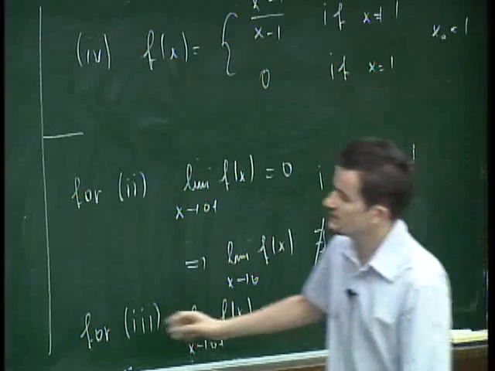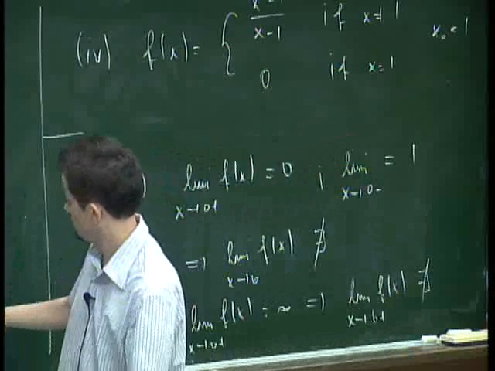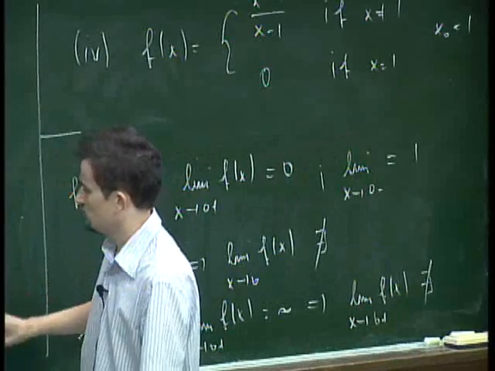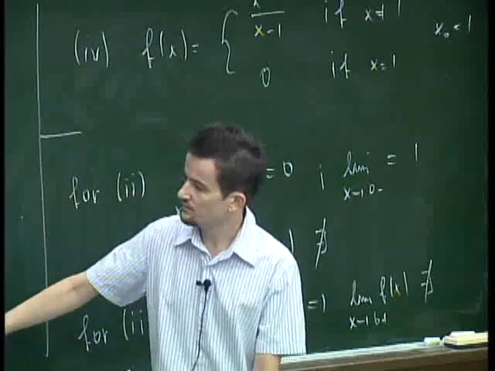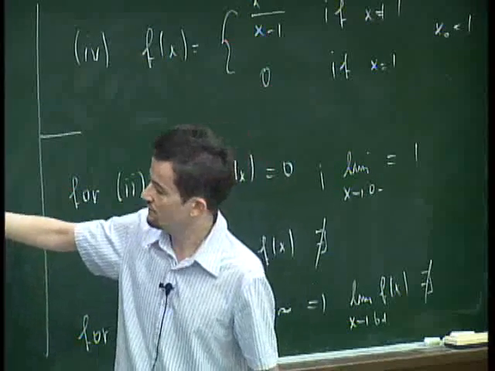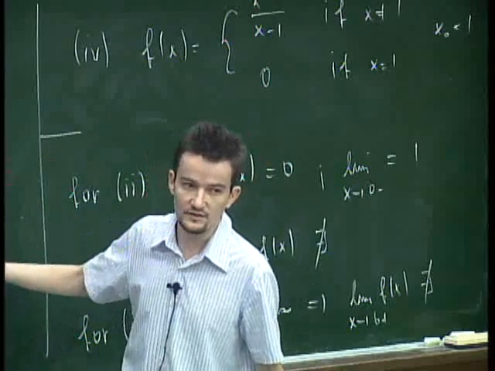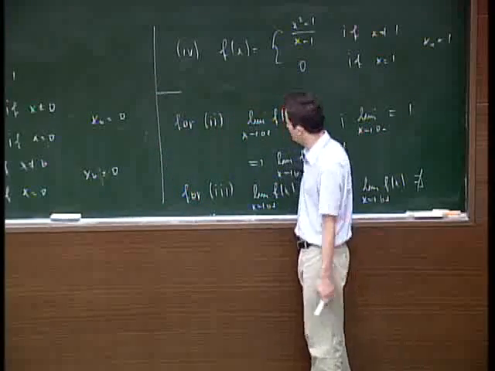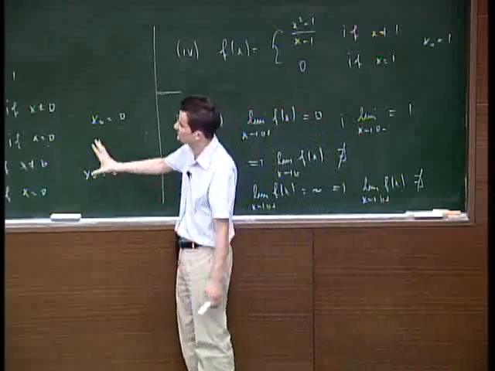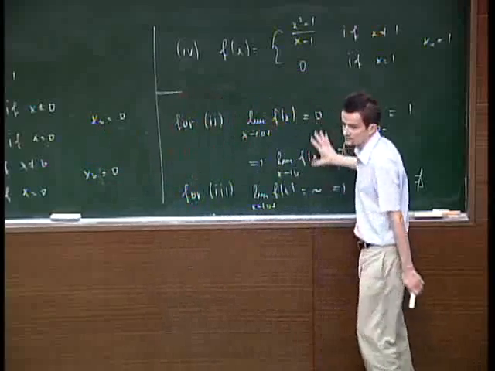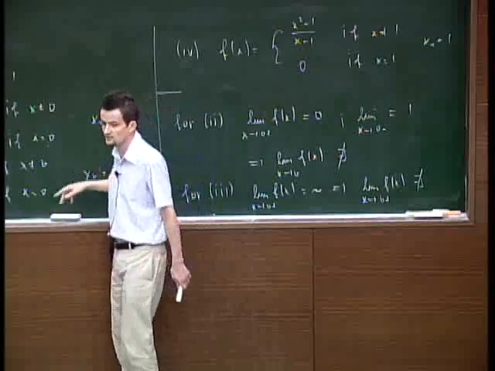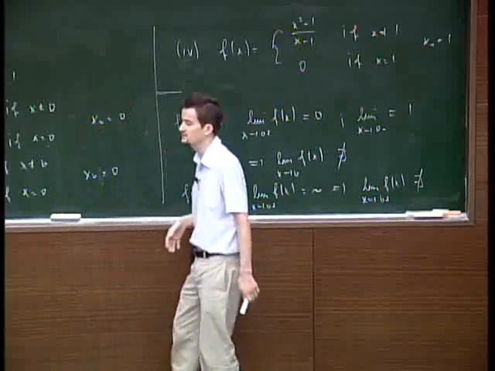I didn't say what x0 is: x0 is 0. The first requirement is satisfied, but the second requirement is not satisfied. But the way the second requirement fails is a little different, because the previous function jumps at 0, and this function tends to infinity. So the behavior is different.